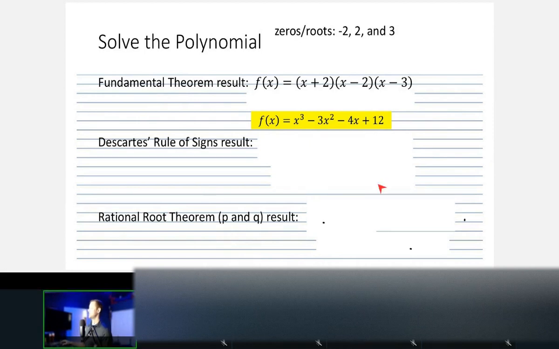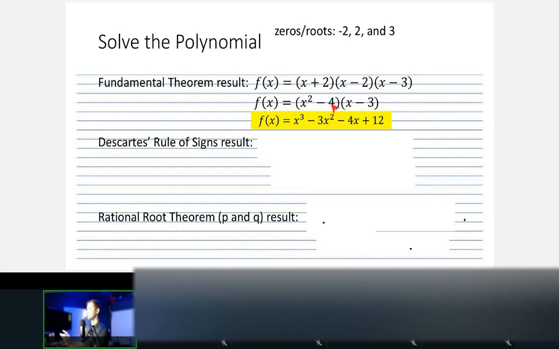x squared minus 4. And what is that special binomial called? It's a difference of two squares, right? Hopefully you recognize that going from x squared minus 4 to x plus 2 times x minus 2, super easy.